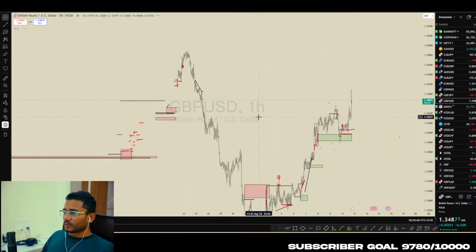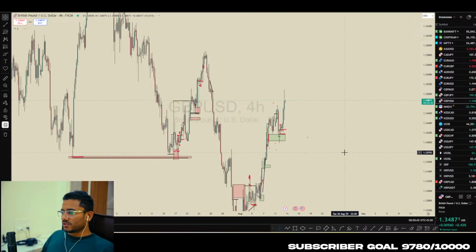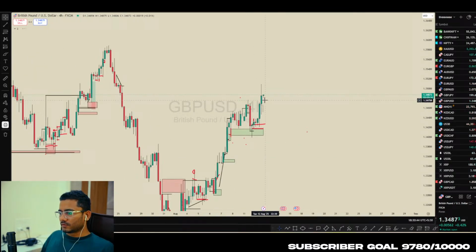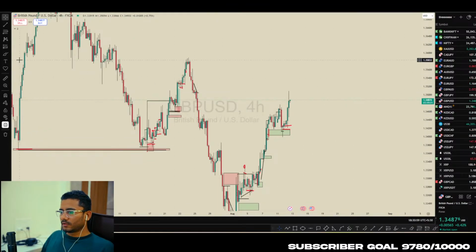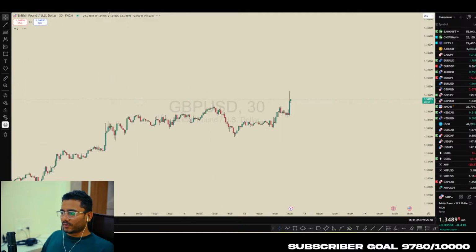So GU is bullish. Just like yesterday, we have this reaction. So here on 4 hour, I think there is order block over here. So it's giving pullback from this area.